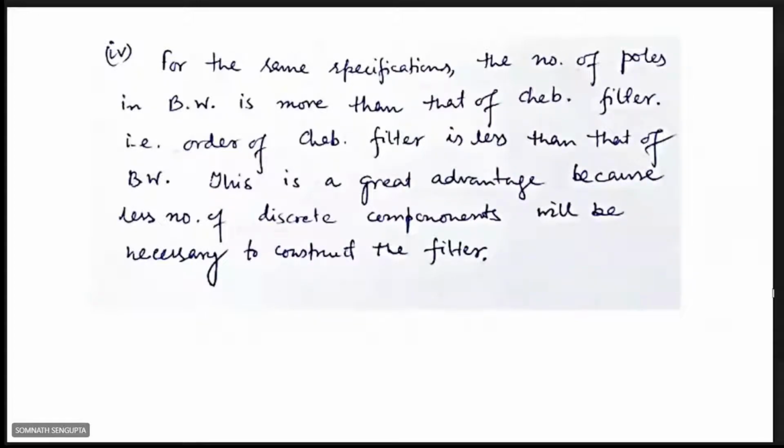You know that if the order of any filter or structure increases, then complexity, design cost and need of components will increase. More components will be required, and more delay elements and gain elements. But if you get the same response with a lower order filter, then why not choose that? So that's why Chebyshev is advantageous over the Butterworth filter. Okay.